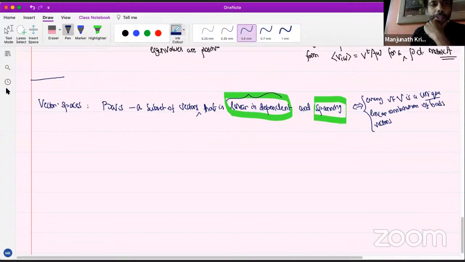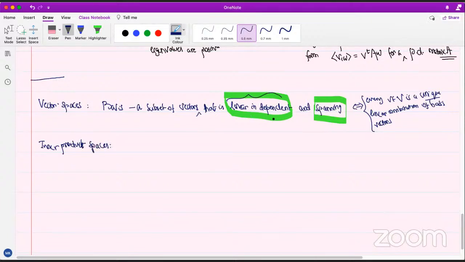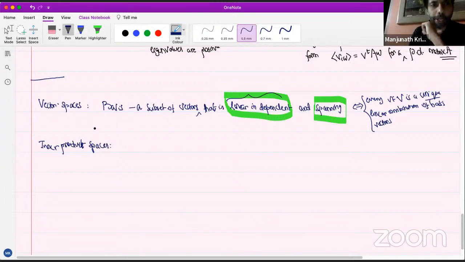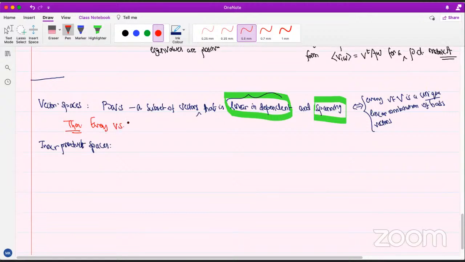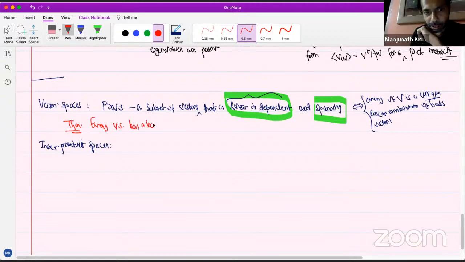So when you are studying inner product spaces, what do you ask for? It's not enough to have a basis. One of the first theorems, which is there in all books, is that every vector space has a basis, and all bases have the same cardinality.